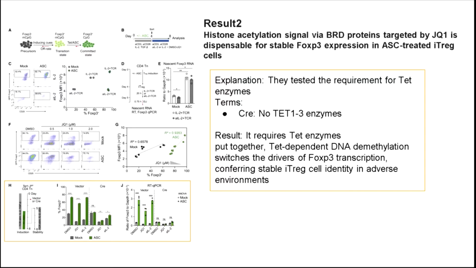And figure J shows a consistent result. There is profound downregulation of Foxp3 transcription in Cre-transduced iTreg cells regardless of the culture condition. So it needs TET enzymes. Put together, TET-dependent DNA demethylation switches the driver of Foxp3 transcription, conferring stable iTreg cell identity in adverse environments.